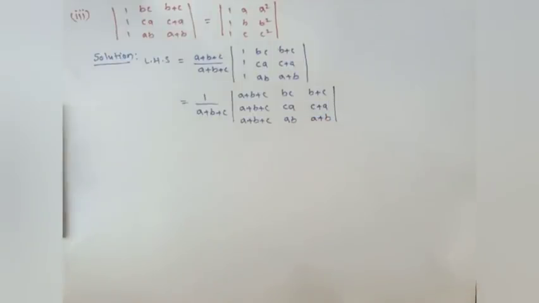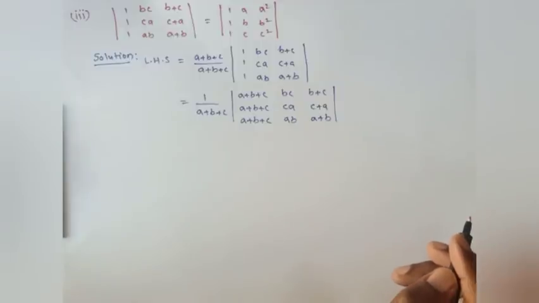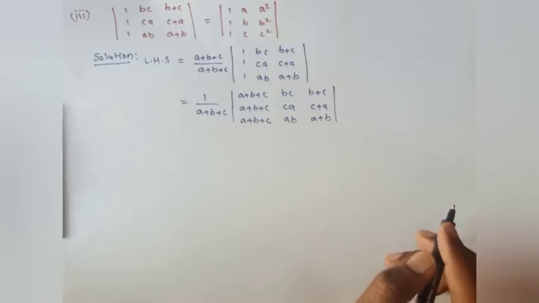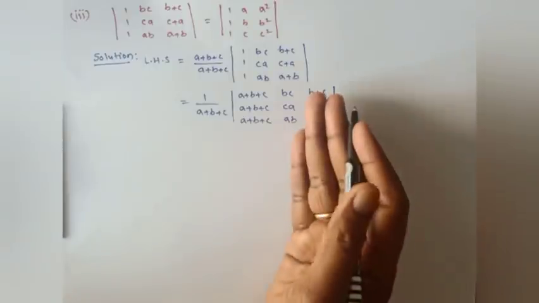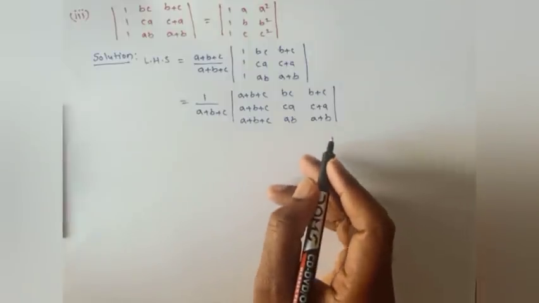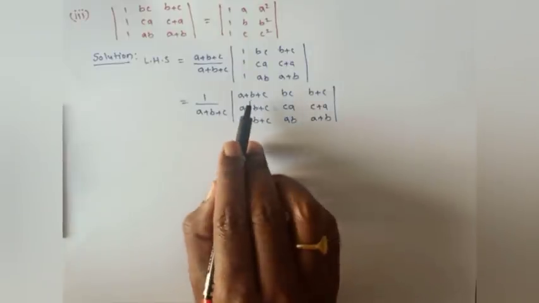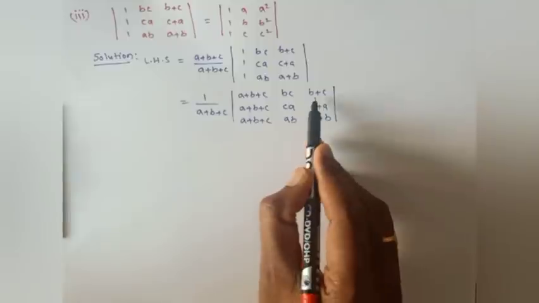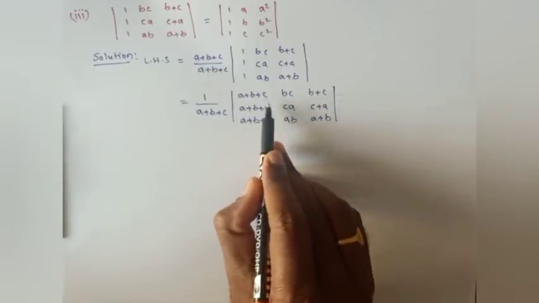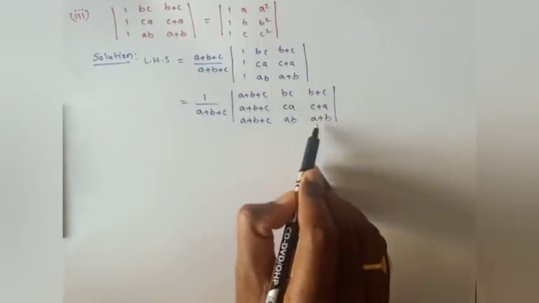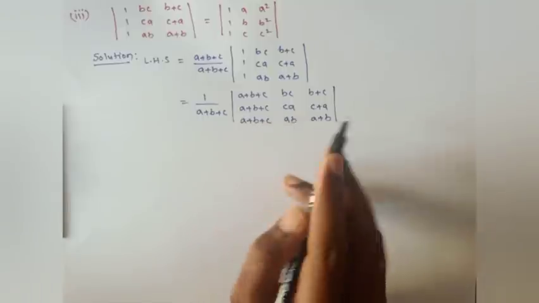Now what do we have to do next? We need to apply some operations, since we may not get anything common from this, so we try to reduce this determinant. Observe the first column and third column. Here b plus c and a plus b plus c are there, c plus a and a plus b plus c, a plus b and a plus b plus c are there.